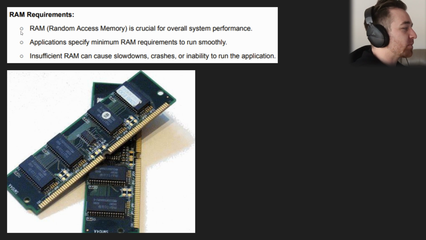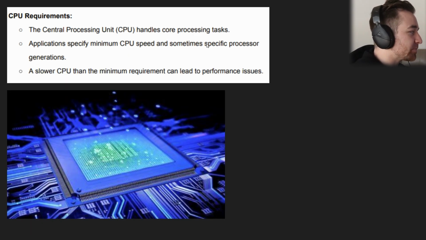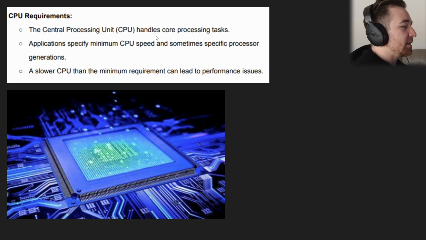If you don't have adequate RAM, you may experience slowdowns, crashes, or inability to run the application. So make sure that you look at the application and how much RAM is the minimum requirement for it to run smoothly, and that your system does meet those requirements. CPU requirements. Again, the CPU handles core processing tasks.